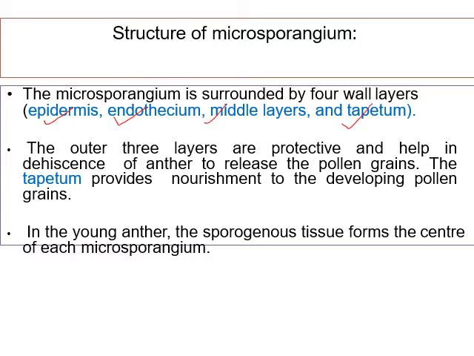The outer 3 layers play a role in providing protection to the developing pollen, and the tapetum plays an important role in providing nourishment to the developing embryo. Got it? This very tapetum is the innermost layer, which is helpful in providing nourishment to those developing pollen grains. And in the young anther, the sporogenous tissue forms the center of each microsporangium.